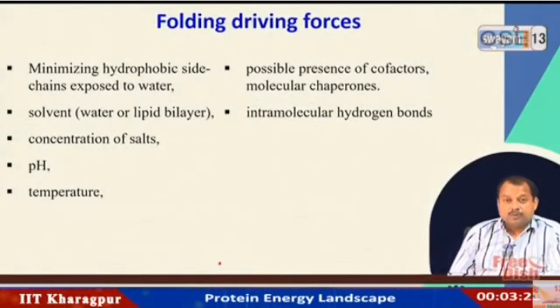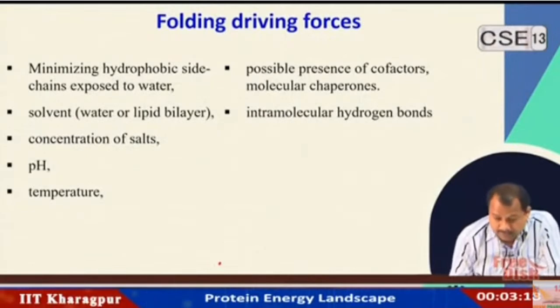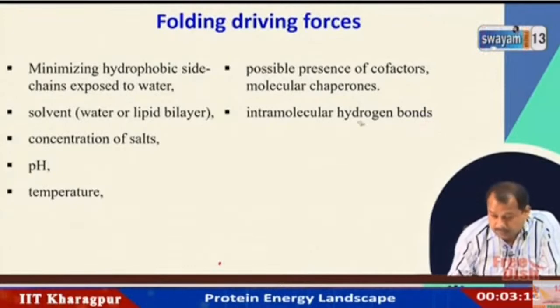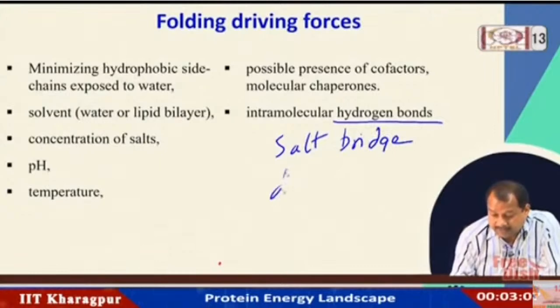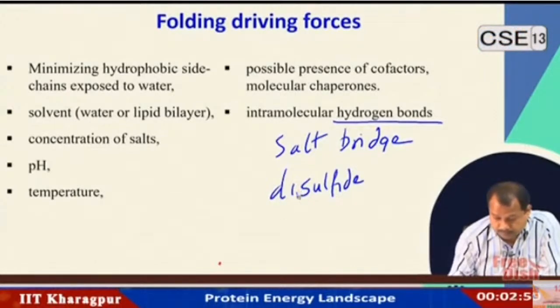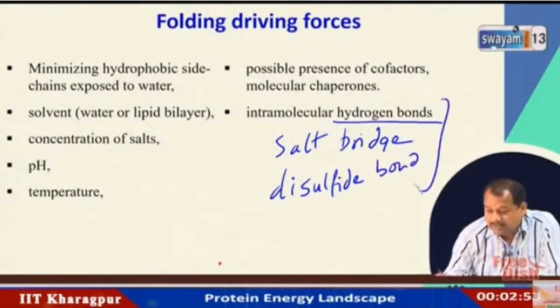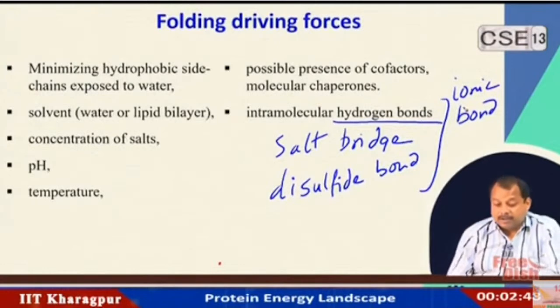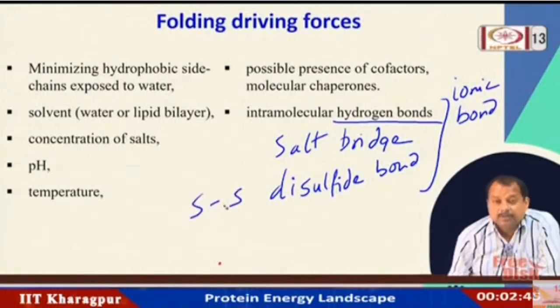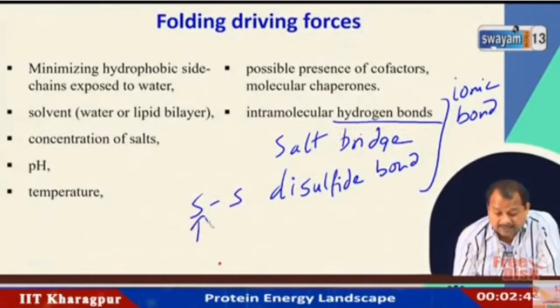Again, this particular hydrogen bond, salt bridge, disulfide bond, these are called the ionic bond. Disulfide will always occur between two cysteines, where there is a sulfur.